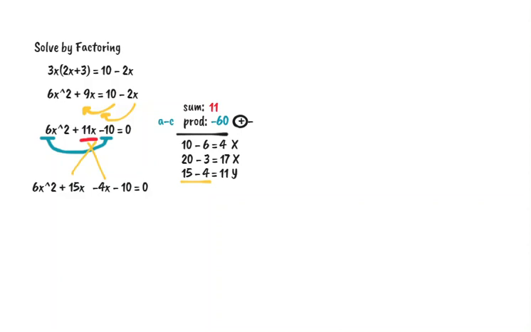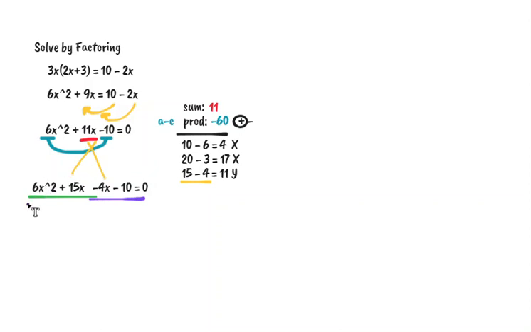Okay, so from there, our next step is going to be using the grouping method on the first 2 terms and on the last 2 terms. So if I group the first 2 terms, I'm going to factor what is the GCF, the greatest common factor, out of each of those 2 pieces.